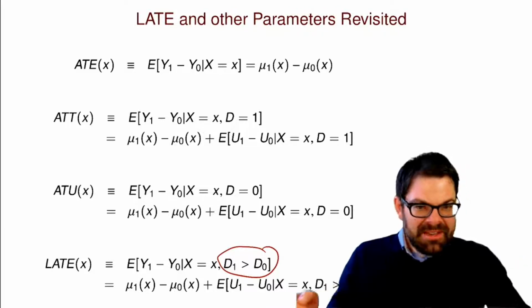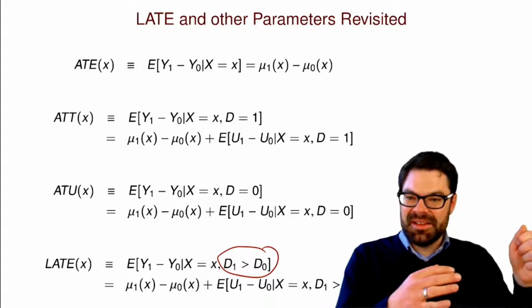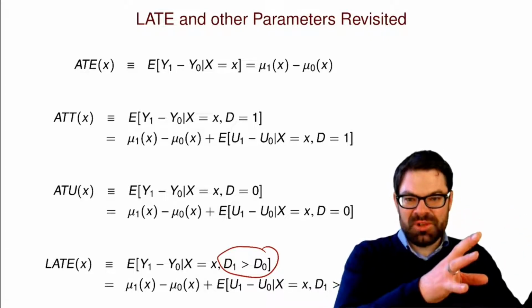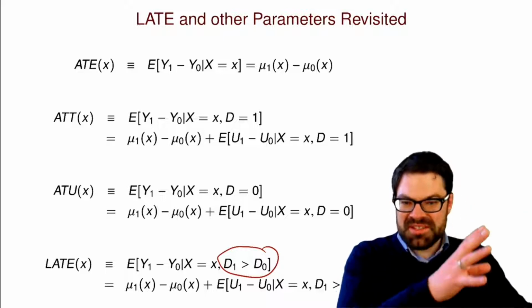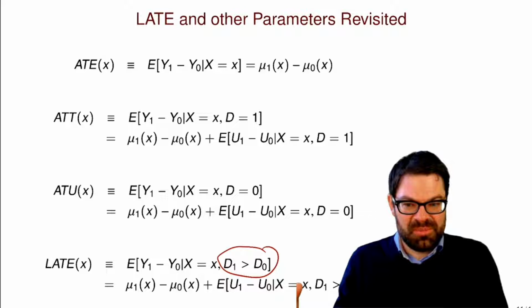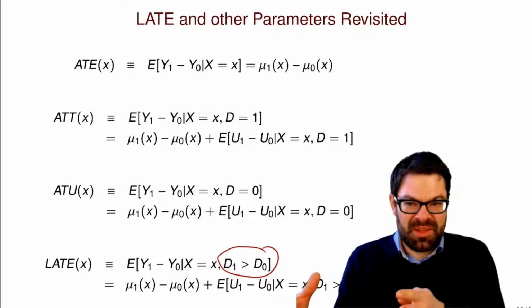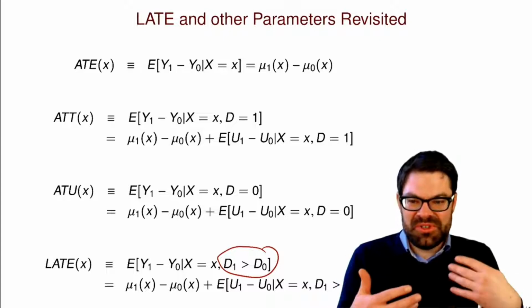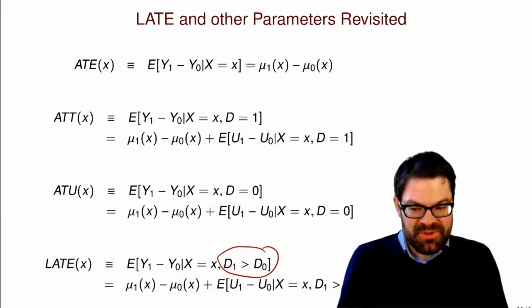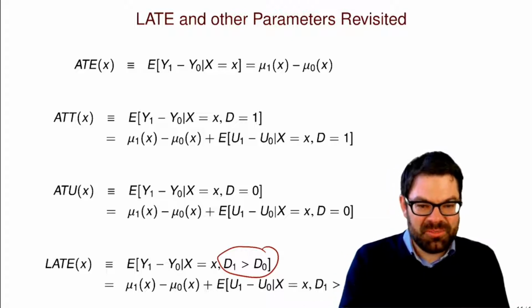And if people selected into the treatment based on these gains, then the average treatment effect among those people who actually took the treatment inevitably has to be higher than among those people who did not select into treatment. And that would be the average treatment effect on the untreated. So this is sometimes a bit confusing to students: why should we be interested in the average treatment effect on the untreated if they didn't take the treatment?